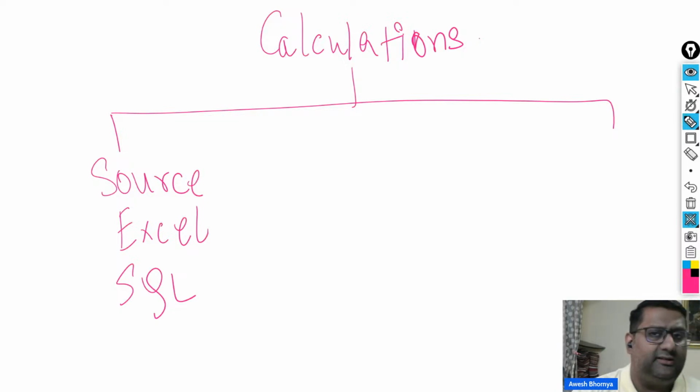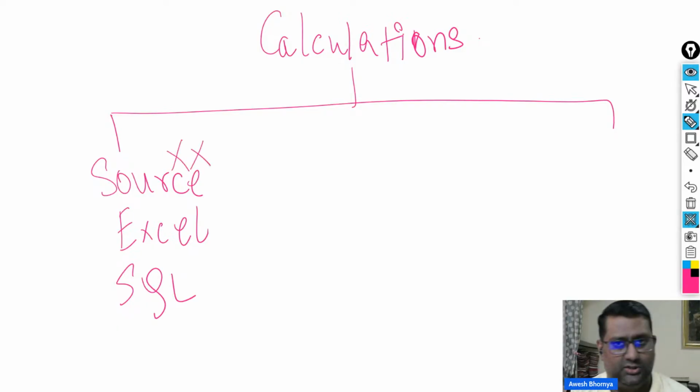It's always a point of contention whether you should create your calculation in the source or not. As per my understanding, I always feel that creating the calculations in the source is a strict no-no. Why? I'll explain.